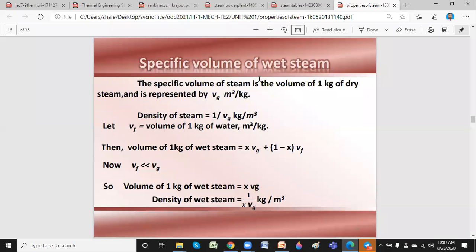But in between, if it's wet steam, then definitely I have to go for this relation. Suppose I ask the volume of wet steam, X has to be given in the problem. I know Vg and Vf from the steam tables. If I keep these values from the steam tables and X is given, I can find the volume of wet steam.